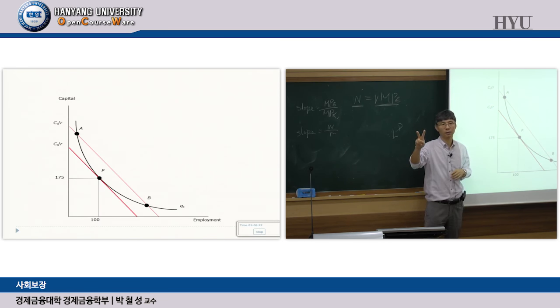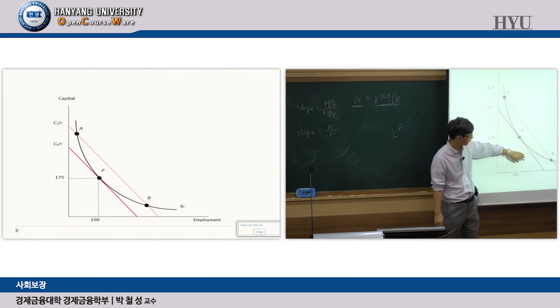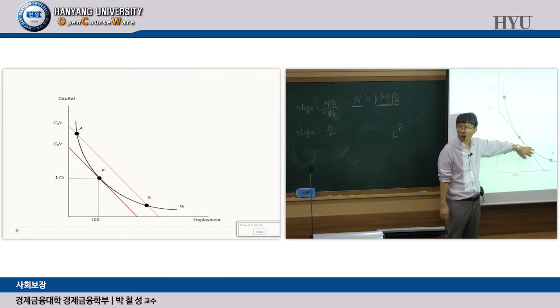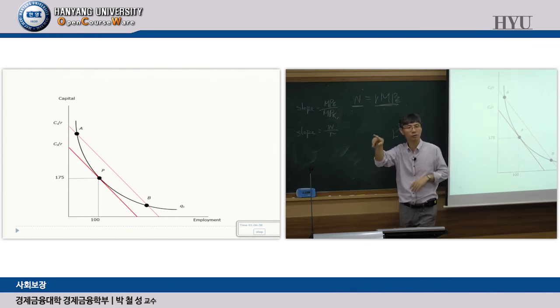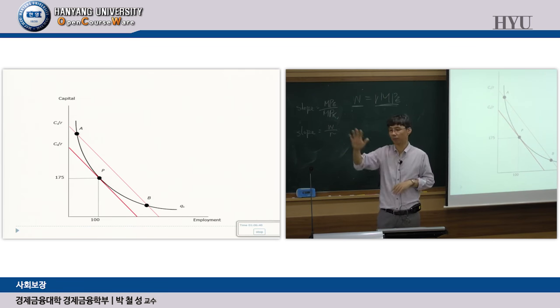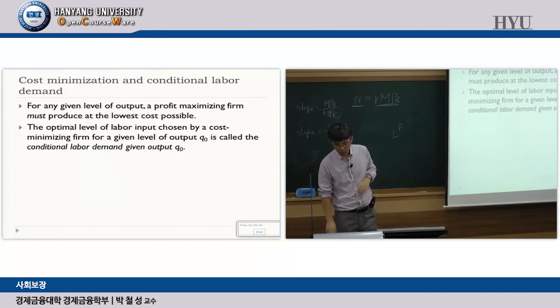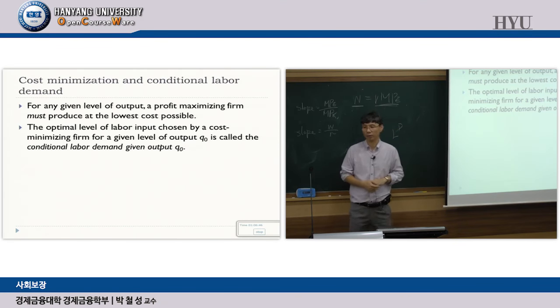One is the ratio of W to R. When wage or rent changes, for example, this point is going to change. Another thing is the desired output. When it changes, then even if W over R doesn't change, your labor input is going to change. So that's why we call it the conditional labor demand.